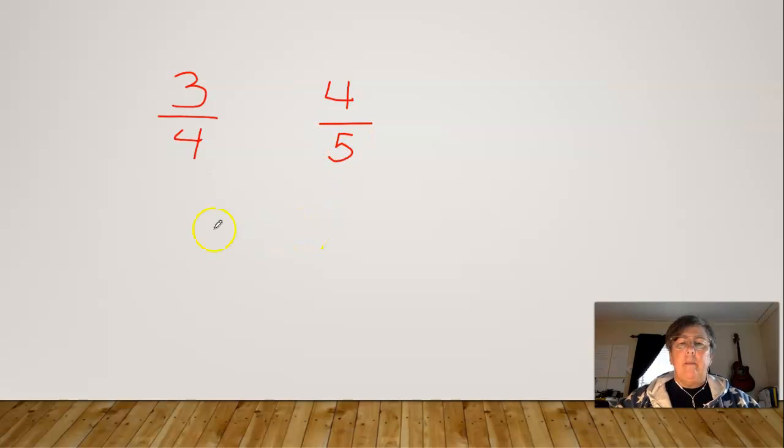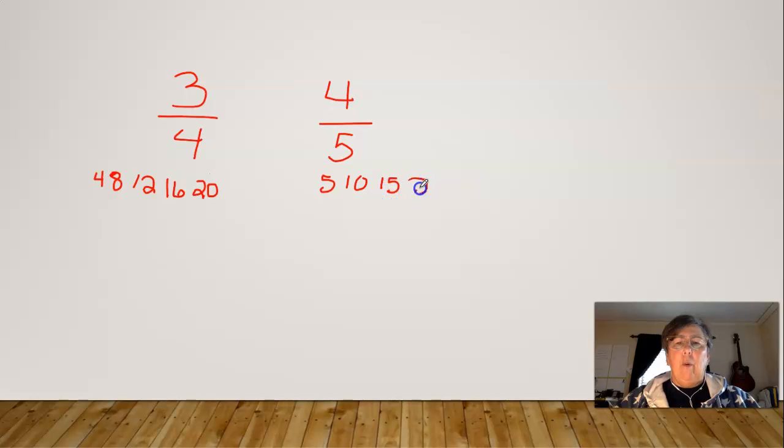Okay. All right. So let's see. Multiples of 4. 4 times 1, 4 times 2, 4 times 3, 4 times 4, 4 times 5. Now let's stop there, see if that works. 5 times 1, 5 times 2, 5 times 3, 5 times 4.